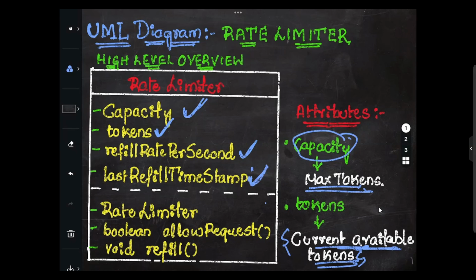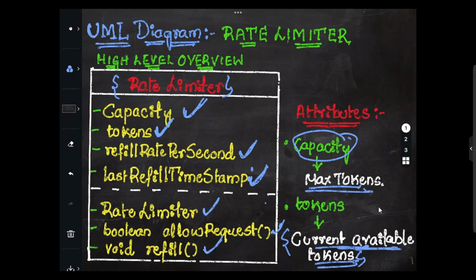This one we are also including in the rate limiter. So these are the attributes that we'll be considering within the rate limiter core class. This is the rate limiter class, and the methods are boolean allowRequest and void refill. These are the methods that we'll be using within the same class. Just keep this in mind. This is the simple one.